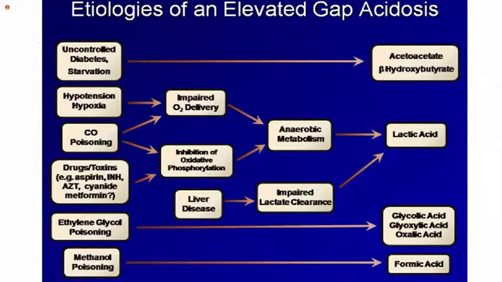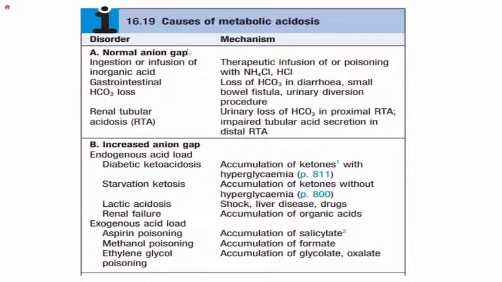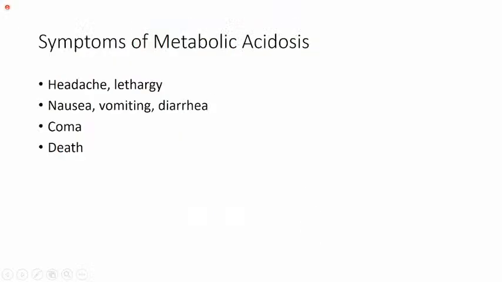So this one is lifted from your Davidson, so you can go and look at it in greater detail. But basically, one of the most common causes of a normal anion gap metabolic acidosis will be GI losses of bicarbonate. And then with increased anion gap, we have all this accumulation of pathologic acids.